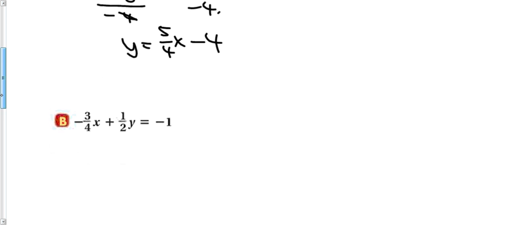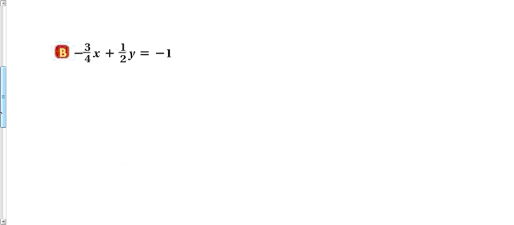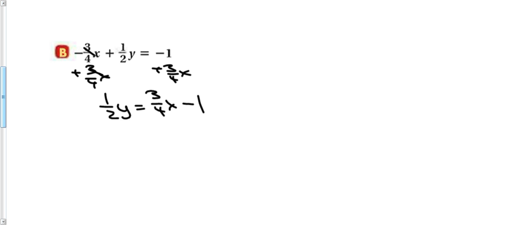I can do the same for this one, even though it has fractions in it. That's okay. So my first step is, of course, to get y by itself. So I'm going to add 3/4 x to both sides. That gives me 1/2 y is going to be equal to 3/4 x minus 1. Now, in order to clear out the 1/2, I'm going to multiply each side by 2.